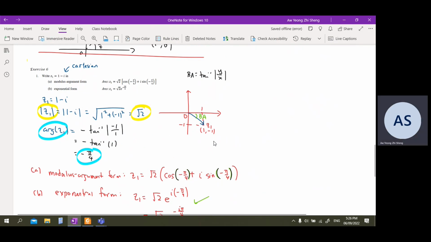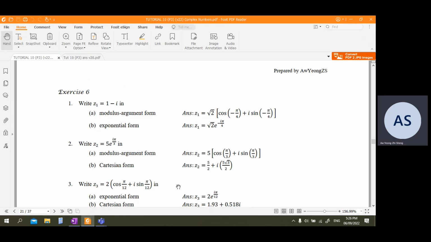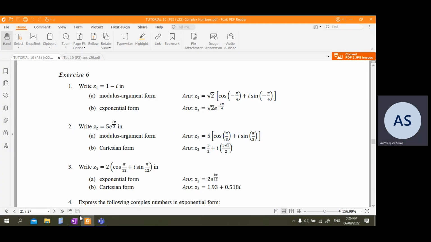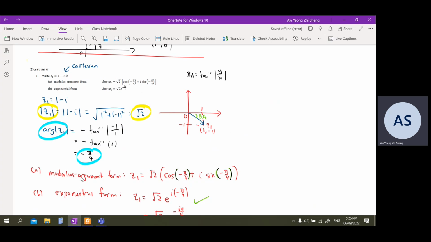Okay, next is question 2. Question 2 gives you the exponential form, and they want us to convert to the other two forms.